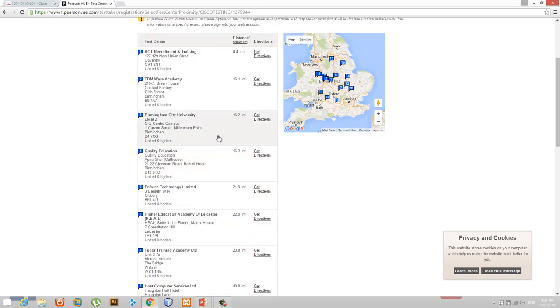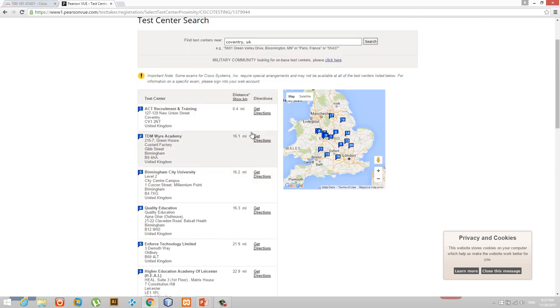It will keep telling you from where you are what is the closest, and if you don't have dates there, you can look at the next best and next best. Choose a center, schedule a time, and go write the exam.